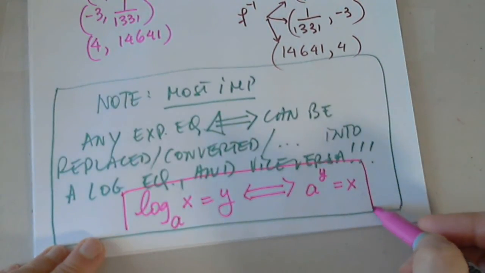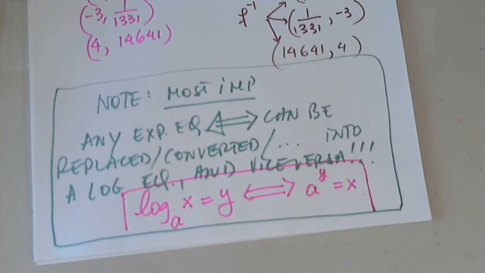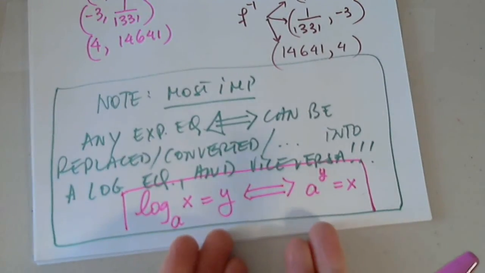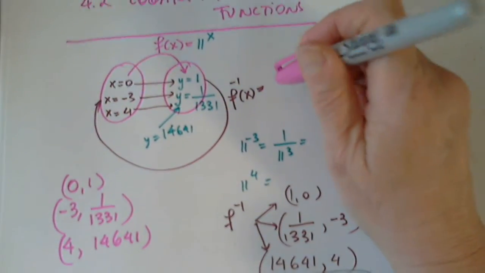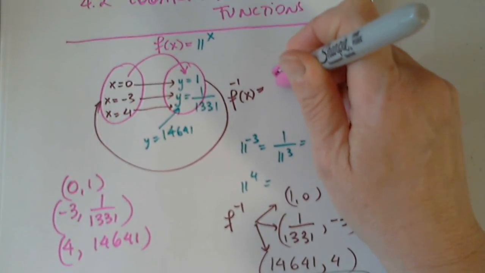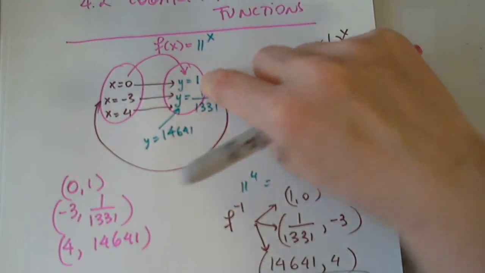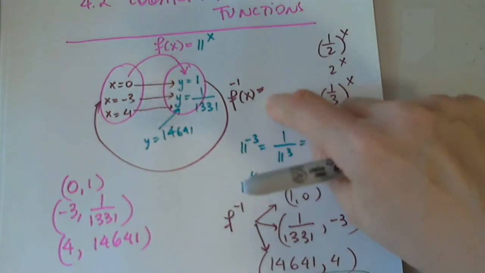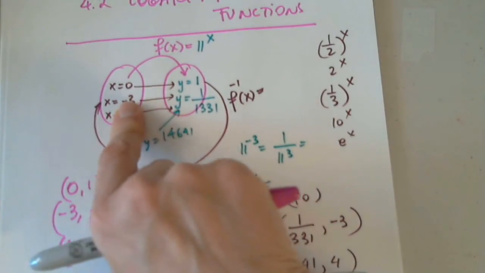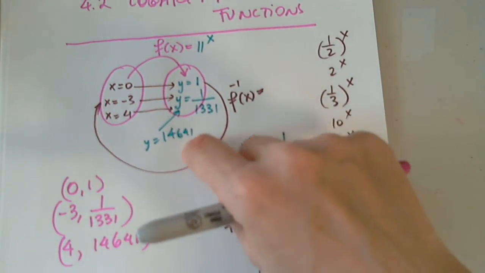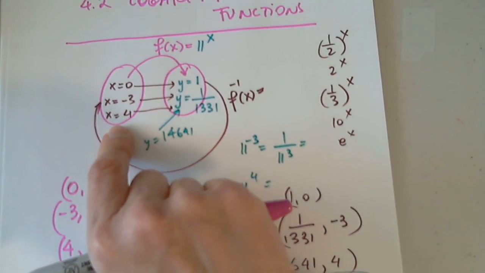This is what I'm going to use, but after I explain the notation. What am I going to do with this? I'm going to show you that the function we have here as the inverse of this, when we apply it to 1, the result will be 0. When we apply to this number, the result will be -3. When we apply to this number, the result will be 4.